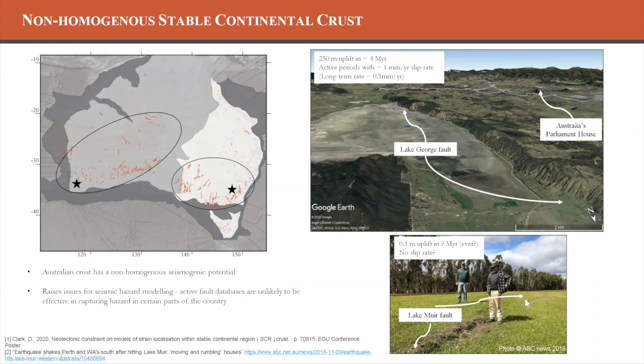We have no topography preserved across this, and we have no way of recognizing it in the landscape before it hosts this earthquake, and potentially it just has no slip rate. Potentially it hasn't happened before. So we have these two sets of fault activity, and we're starting to ask the question, if we have this non-homogeneous stable continental region crust, how do we build that into seismic hazard? Clearly the crust has different properties across the country.